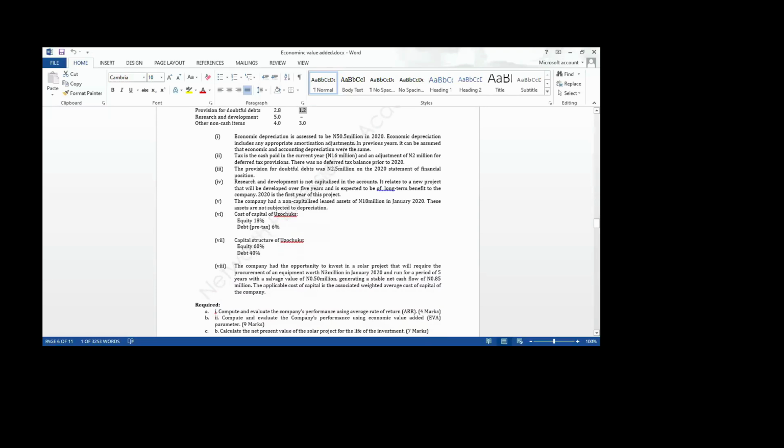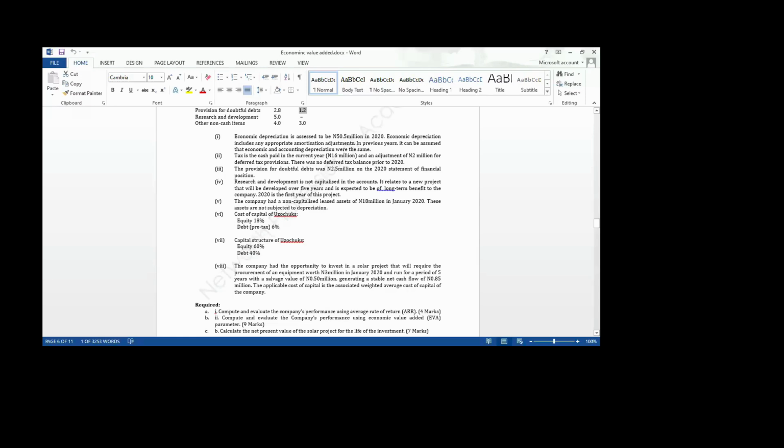Opportunity to invest in solar projects that will require the procurement of equipment worth 3 million in January 2020 and run for a period of 5 years with a salvage value of 0.5 million, generating a stable net cash flow of 0.85 million.